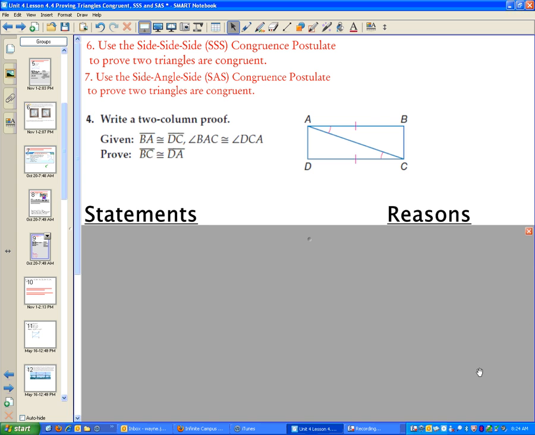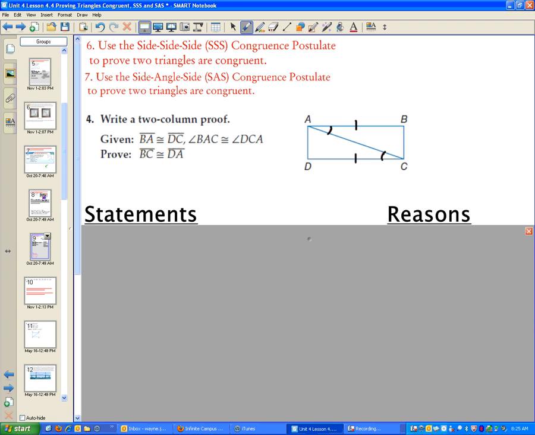And on your figure, let's go ahead and mark what's given. All right, we're given that segment BA is congruent to segment DC. We're given that angle BAC is congruent to angle DCA. Now, if our goal was to prove that those two triangles are congruent, what method would we use? Yeah, this is side angle side set up for us, isn't it?